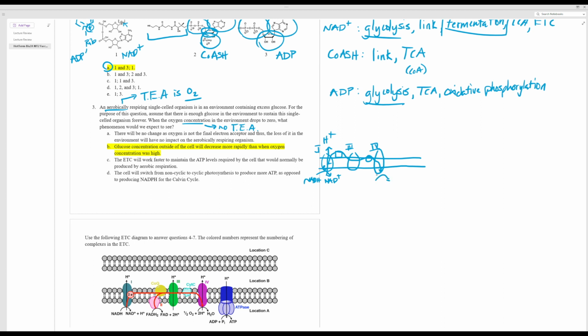Finally, to complex 4, we have O2 going to H2O, being reduced. And at the complexes, we have H plus being shot across.